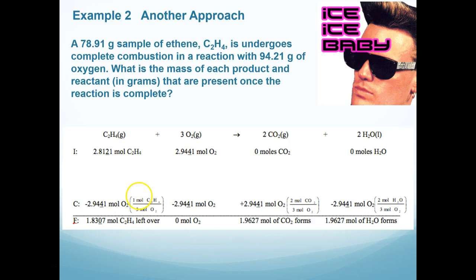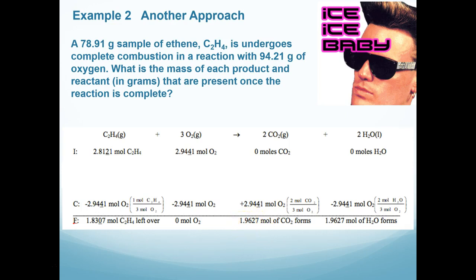So once we do that, we can say, well, if I'm using all of this up, I have 0 moles at the end, but now I have moles of my ethene left over, and I could go straight from these moles to grams using a molar mass, and then I would already have my moles of product here, and then if I wanted a theoretical yield, I would just take these from moles to grams.